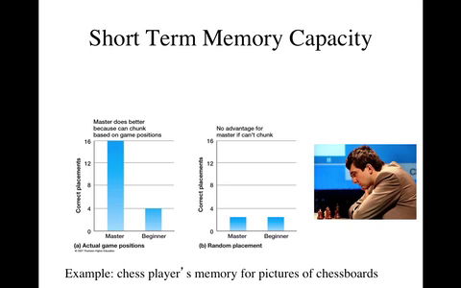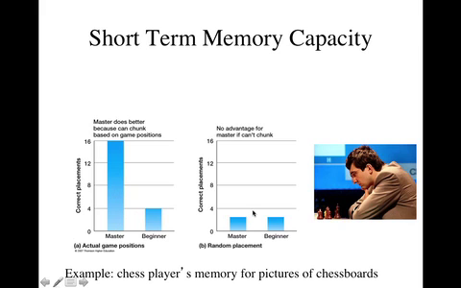And some evidence for this came from chess experts who have been shown to be able to remember many more chess configurations than a beginner if they're shown a chessboard, but that only applies for legal, actual game positions. If it's random placement, then they can't.